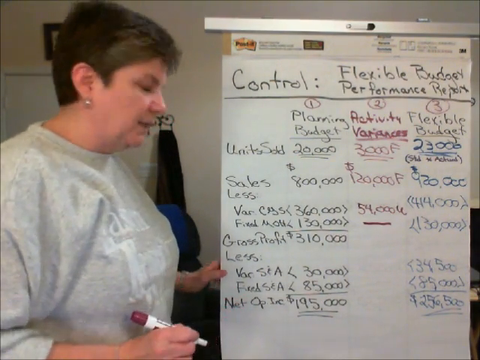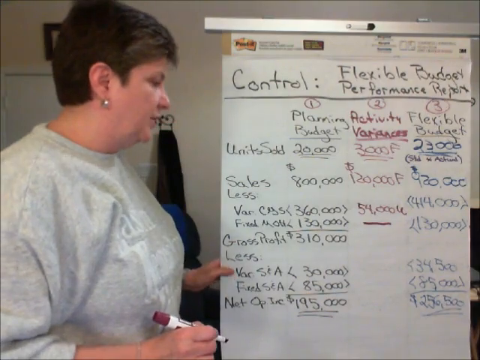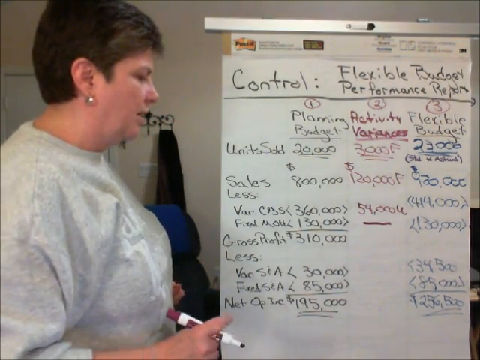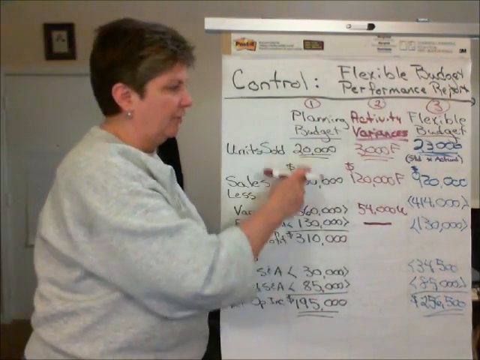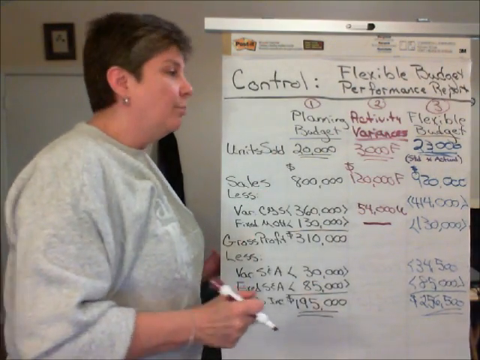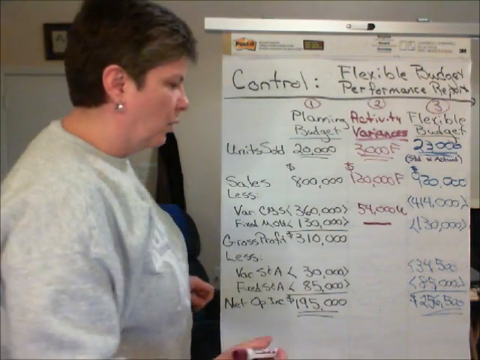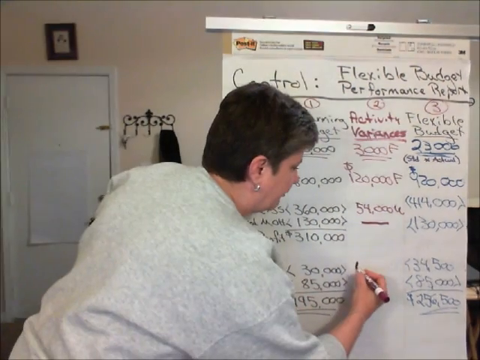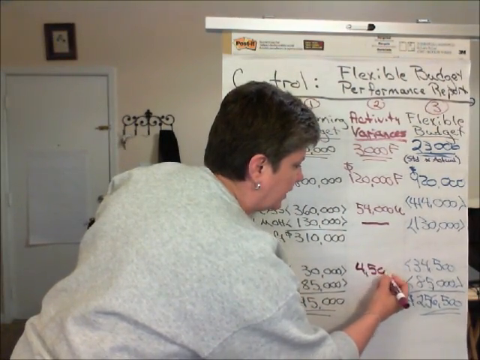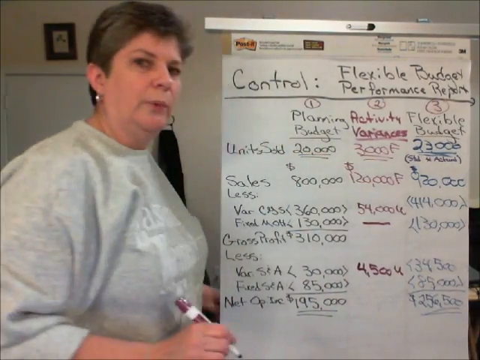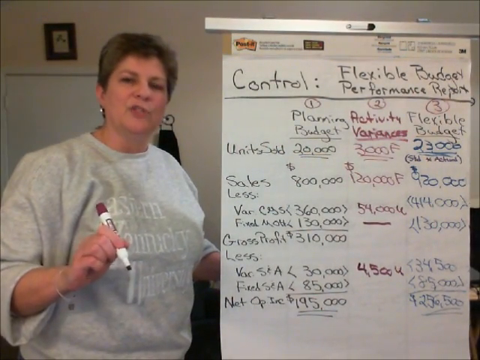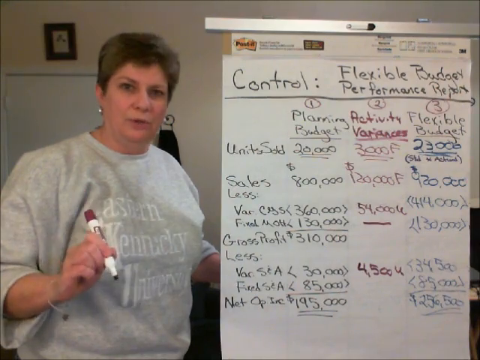So there should never be an activity variance for fixed costs. Now, we also want to take a look at the selling and administrative costs. The variable selling and administrative costs were planned to be 30,000 at 20,000 units, but at 23,000 they should have been 34,500. So that is 4,500 additional costs that we incurred strictly because we produced more units.